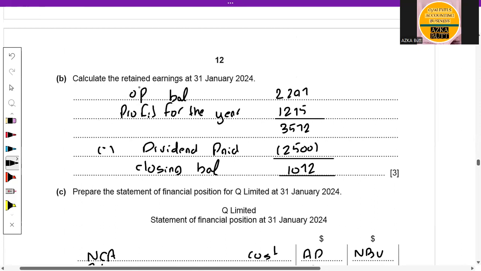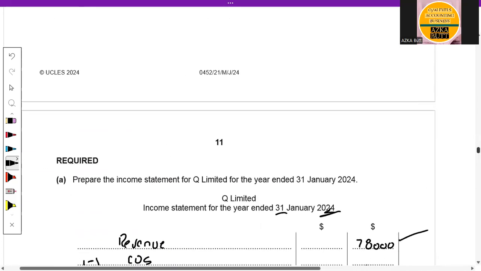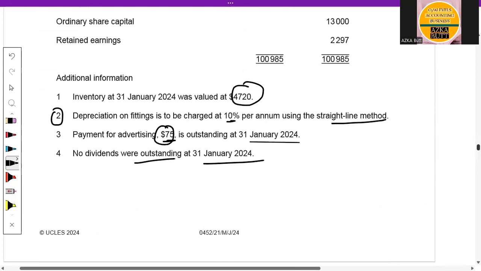Okay, now they are asking us to calculate the retained earnings at 31st January 2024. So first of all, we have to see the information.